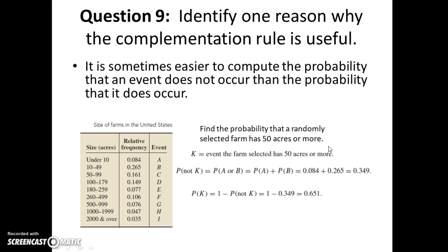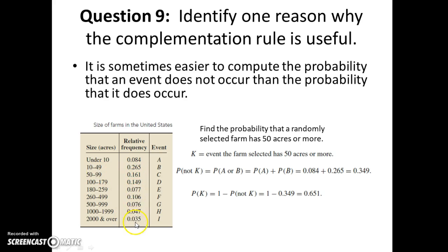Question 9. Identify one reason why the complementation rule is useful. It's useful when there are a lot of things that you would have to add. For example, here it says find the probability that a randomly selected form has 50 crystals or more. If it says 50 or more, it's basically asking for this part.